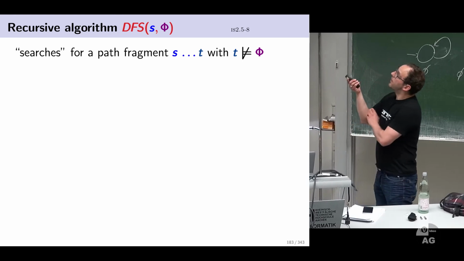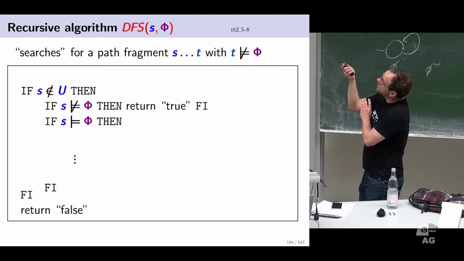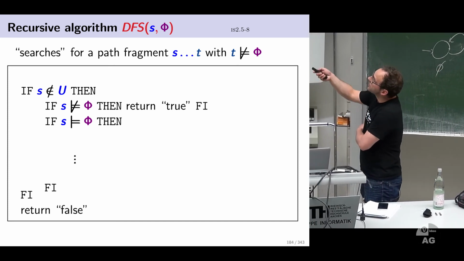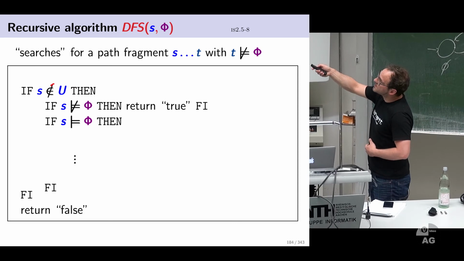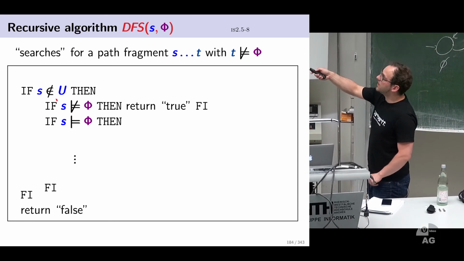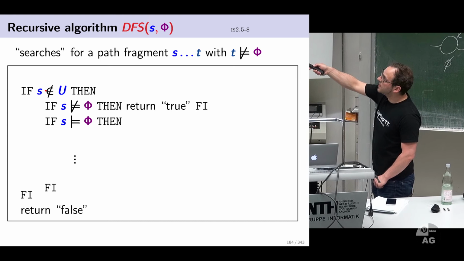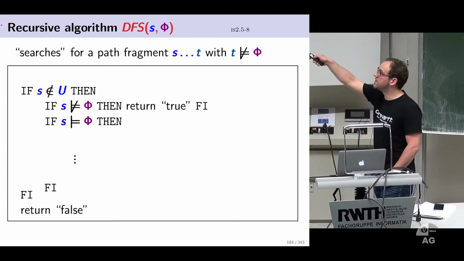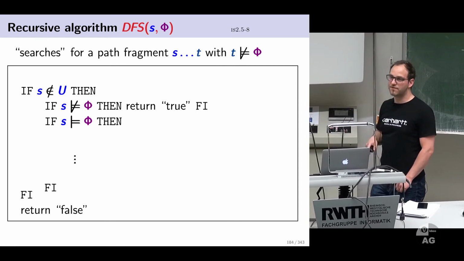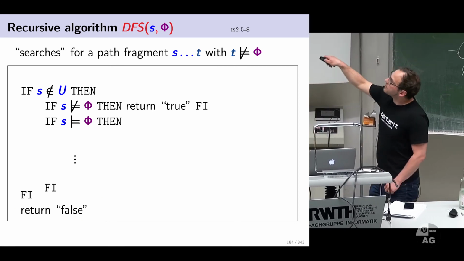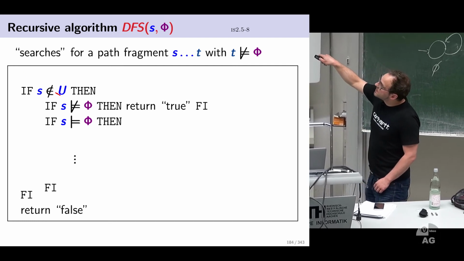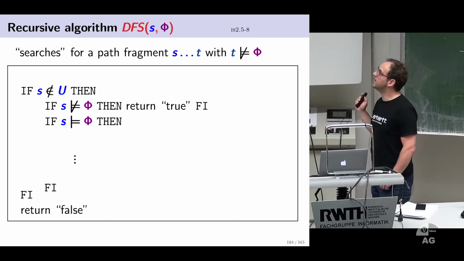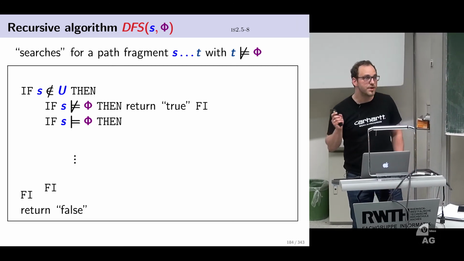Okay, let's talk quickly about the implementation of the depth first search, starting from state S, looking for a state violating phi. U was the set of states that we already visited. So we're only doing some work if the state S was not yet explored, right? Otherwise, we can just skip and say, sorry, but we have not found such a state. If we still have to process S, then one thing that could happen is that S already violates the invariant condition.